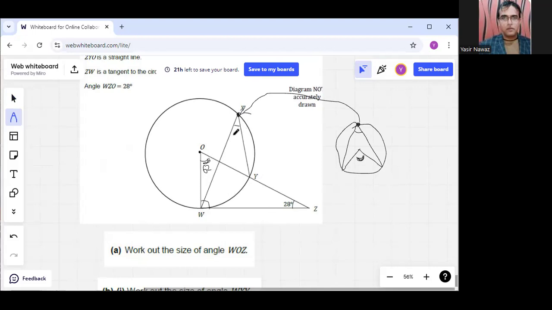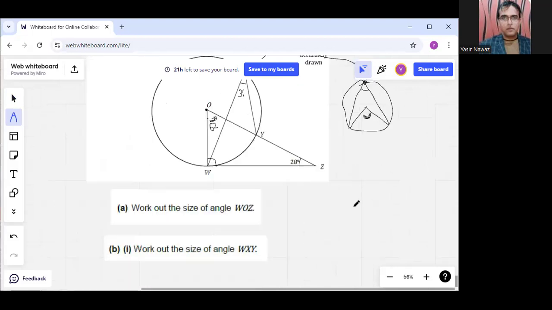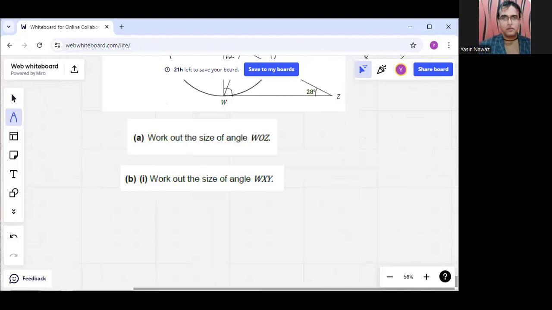So half of 62 would be 31. So this angle would be 31, according to that theorem. And you can write the reason by referring to that particular theorem.